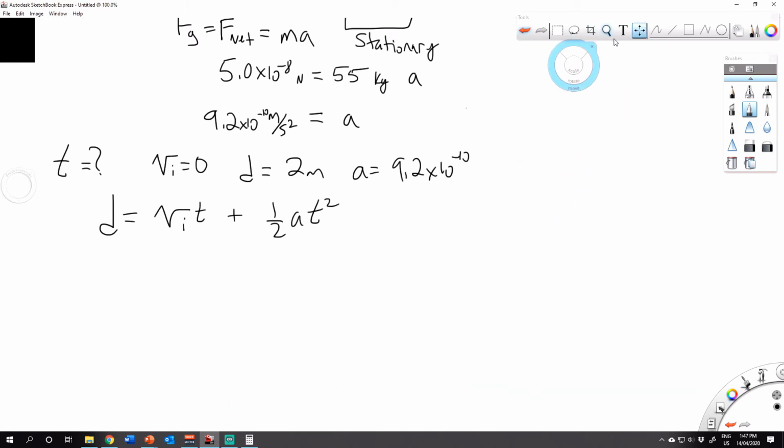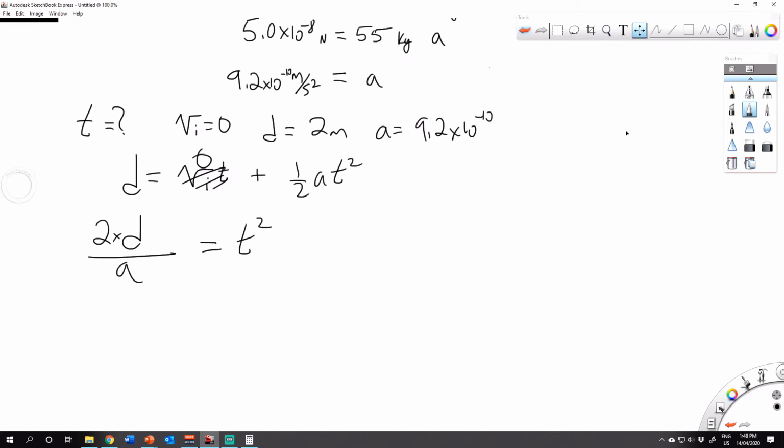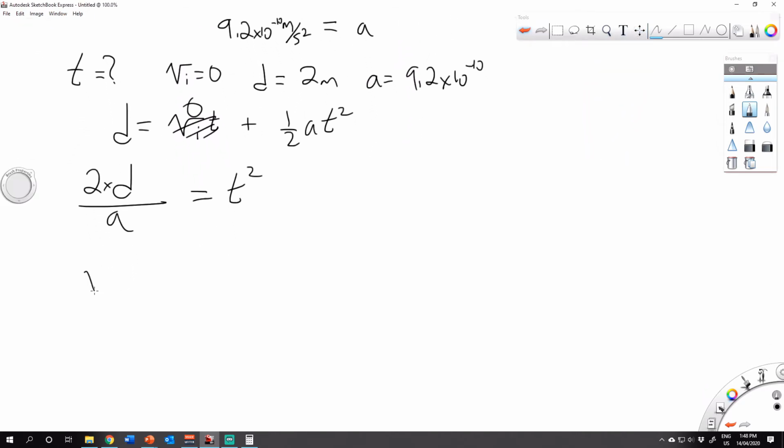Doing a little bit of rearranging, we can show, well, v_i is 0, so 2 times distance over acceleration is equal to t squared. So square root that, 2d over a is equal to t.